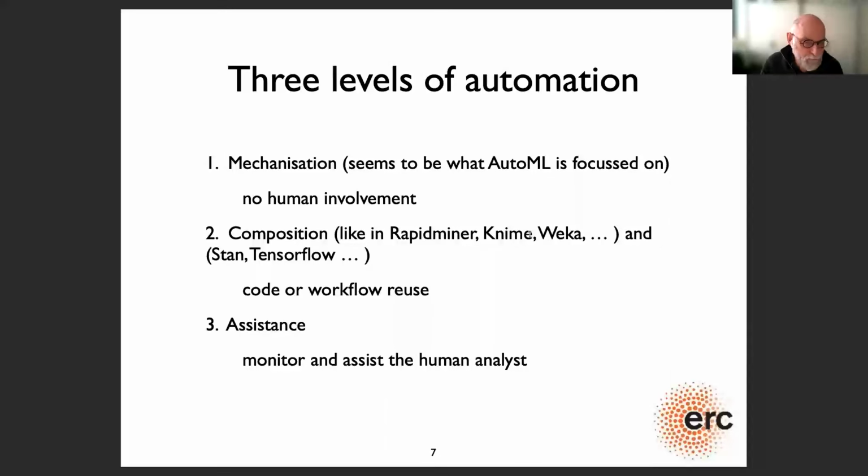And a second kind of level of automation is like where you typically have kind of workflows, or you kind of integrate pieces of code and then reuse and couple them together. And that's like compositional. It's what you find in standard data mining, data science techniques like RapidMiner, KNIME, Weka, and so on. And also what you find in the kind of programming language support for machine learning like Stan, TensorFlow, and so on.